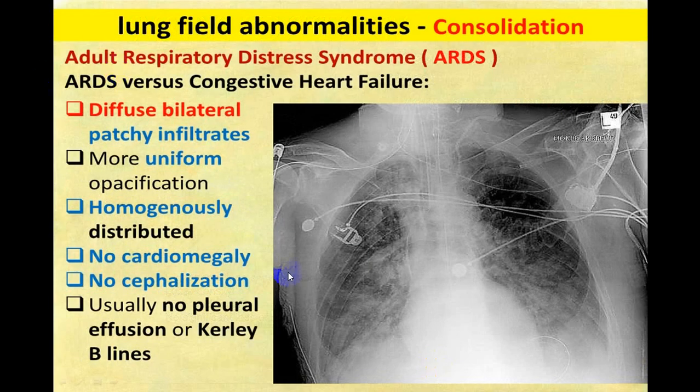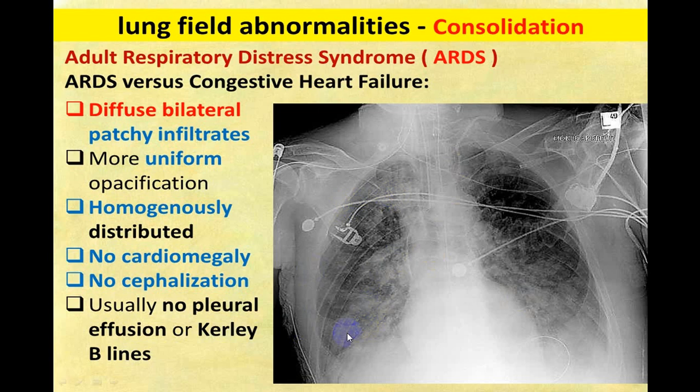Now, in a case of ARDS, it is a diffuse bilateral shadow, homogeneous opacity. By and large, there is no cardiomegaly. If there is a cardiomegaly, rule out congestive heart failure. And plus, you will not see Kerley A lines and Kerley B lines.